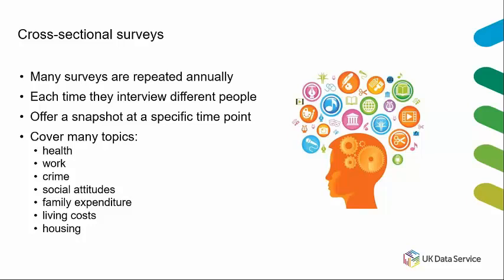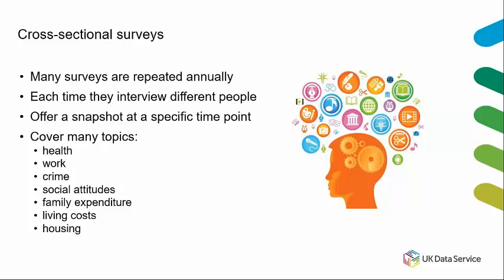So these surveys are mostly nationally representative at the UK level, or the countries within the UK level, depending on the particular survey. They tend to have a large sample size. For example, the labour force survey interviews 60,000 people every quarter. And these data sets are repeated cross-sectional surveys.